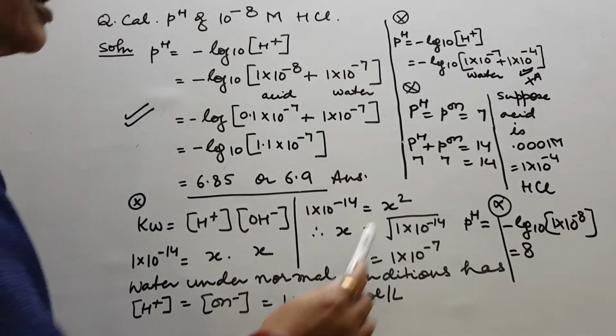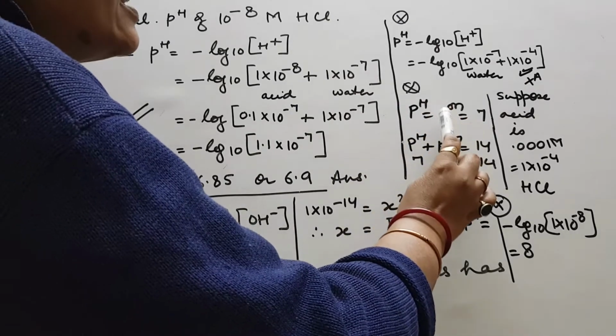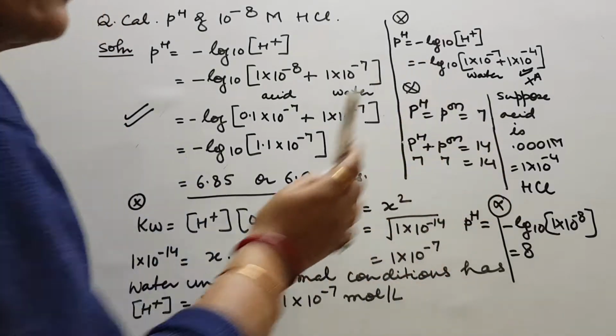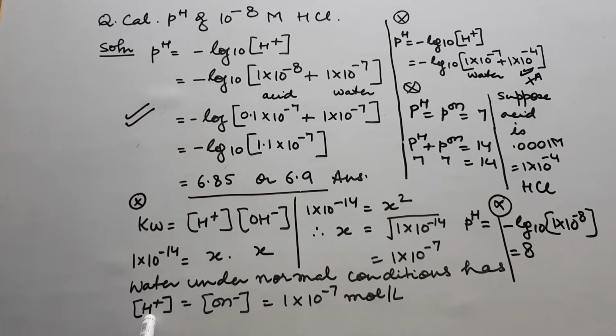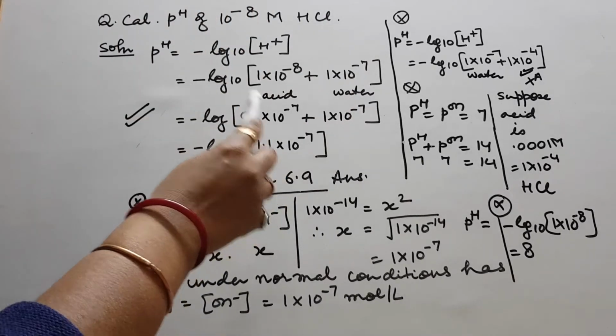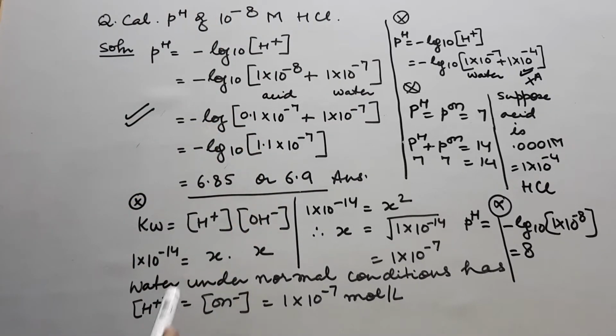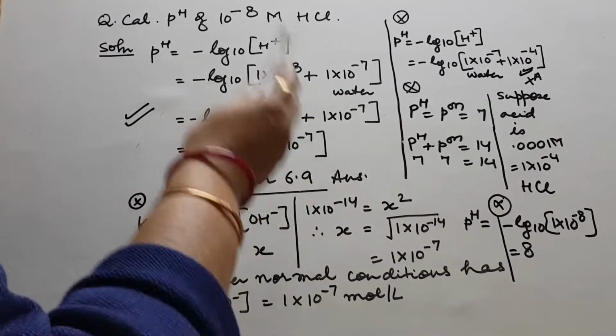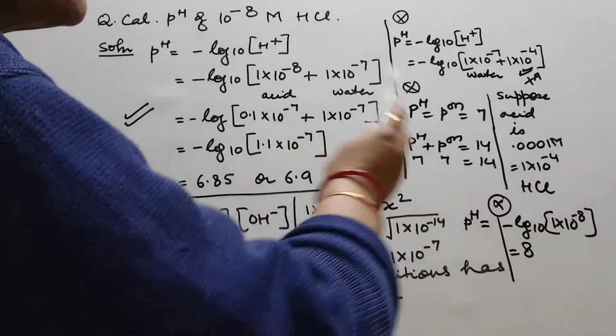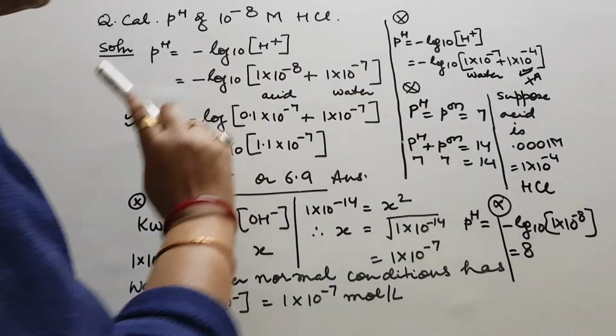In case of water, pH is exactly equal to pOH is equal to 7. From where we got it? Simply minus log to the base 10 of H plus, pH will be 7, minus log to the base 10 of OH minus, pOH also will be 7. If you put in the value in your rough copy, you will get the same value. So in case of water, it's not only pH, but pOH is also 7.